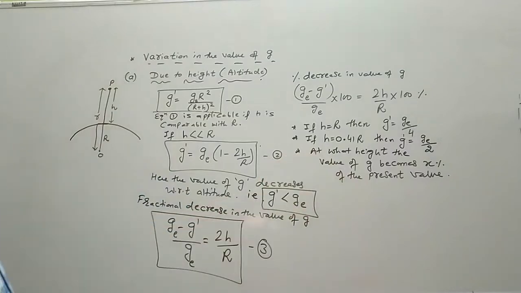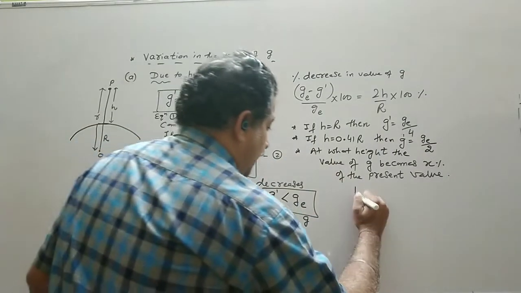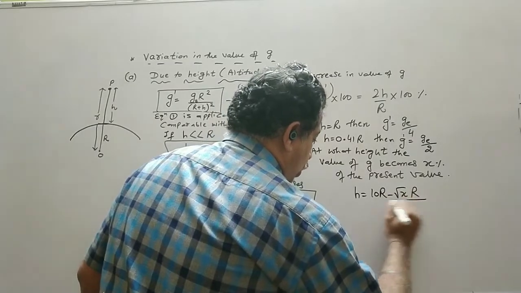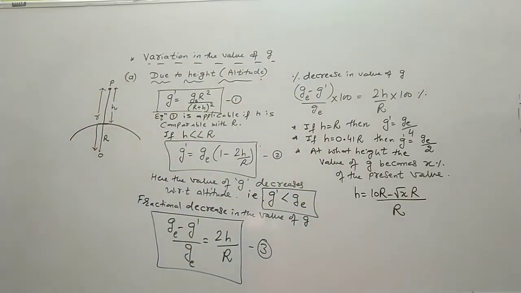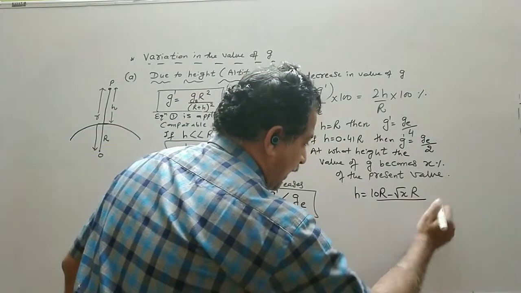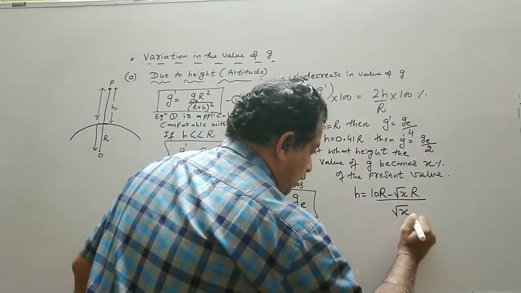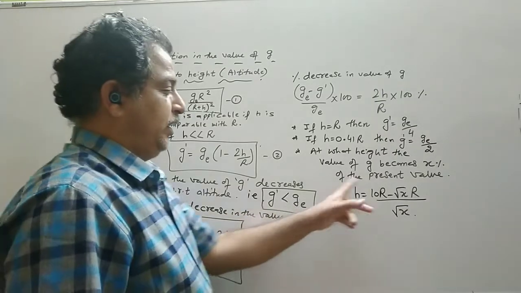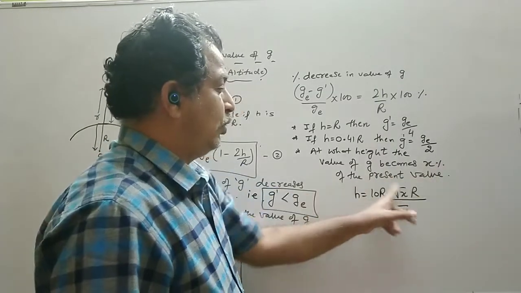In that case, the formula will be h is equal to (10r minus root x r) upon root x. So this is a direct formula for the height at which the value of g becomes x% of the present value.